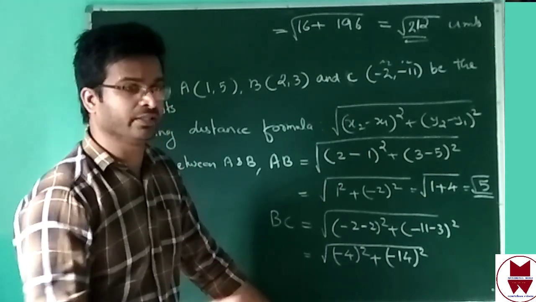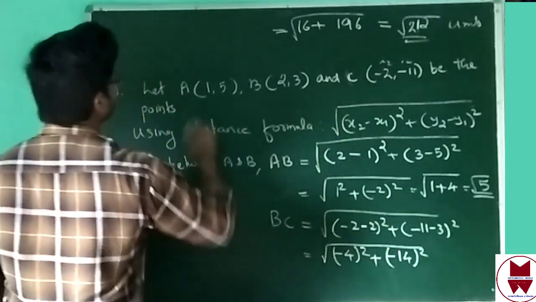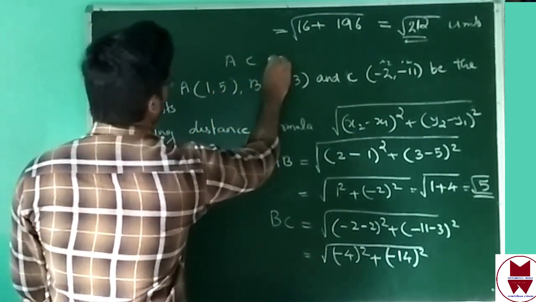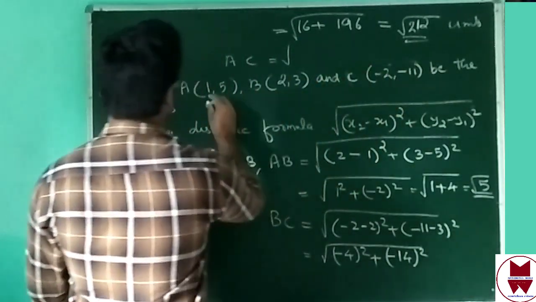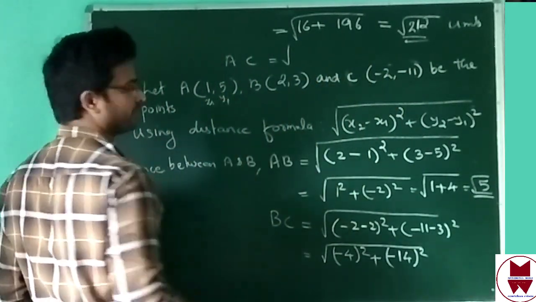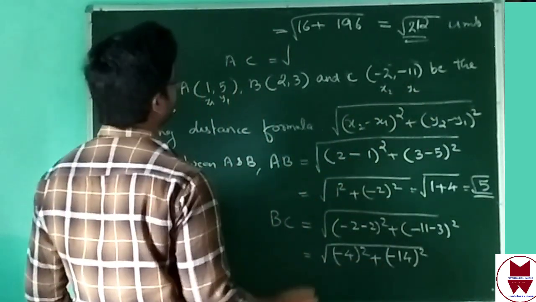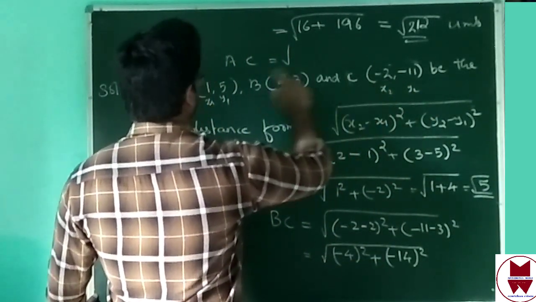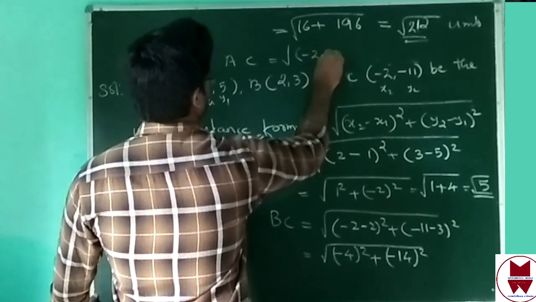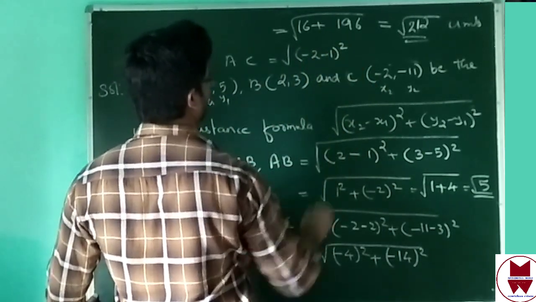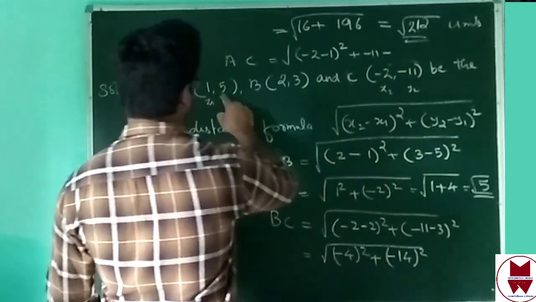Then what we need? We need AC also, isn't it? Find out AC. AC equal to square root of, A and C. That means this is x1, y1. A, C means x2, y2. x2 minus x1, minus 2 minus 1, whole square, plus y2 is minus 11 minus y1, that is 5.